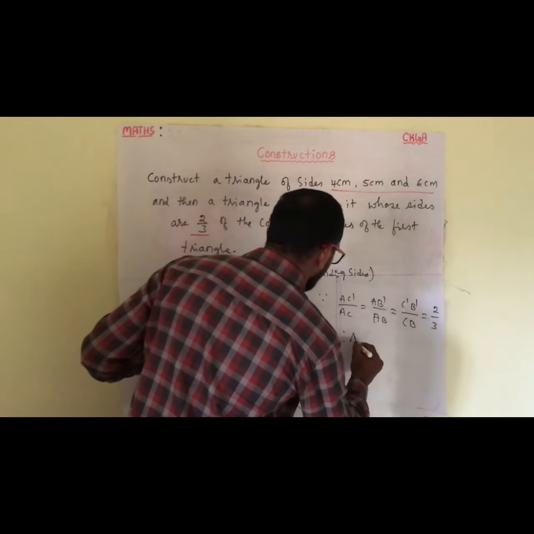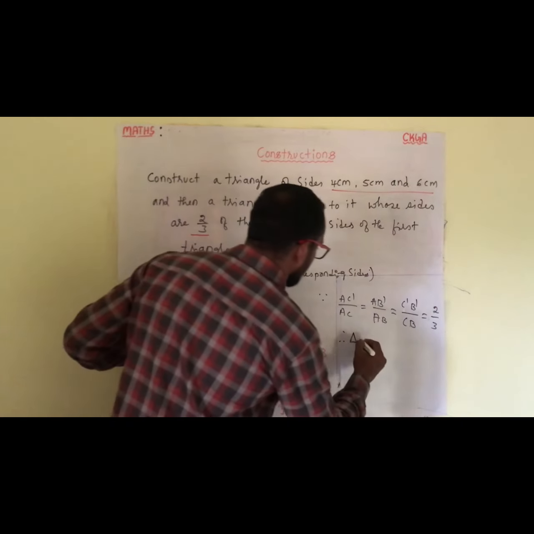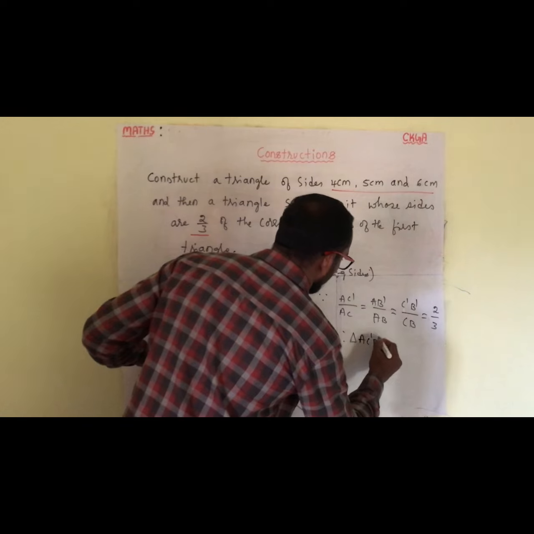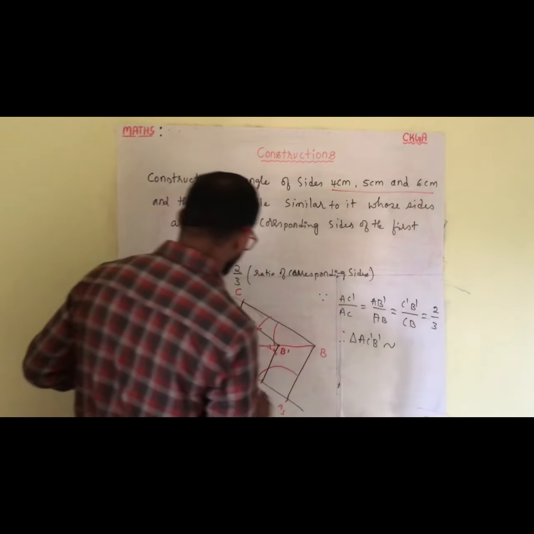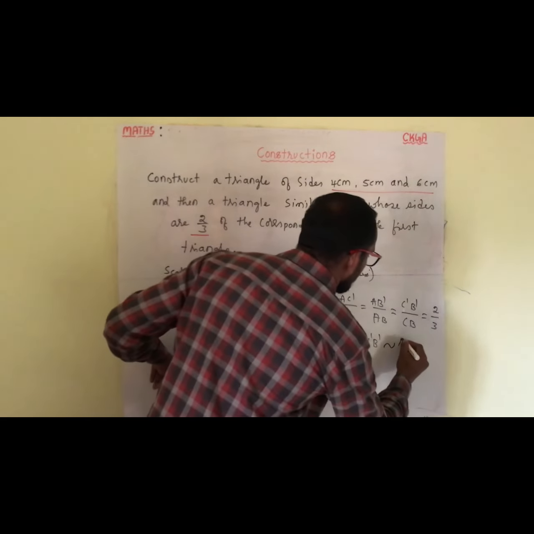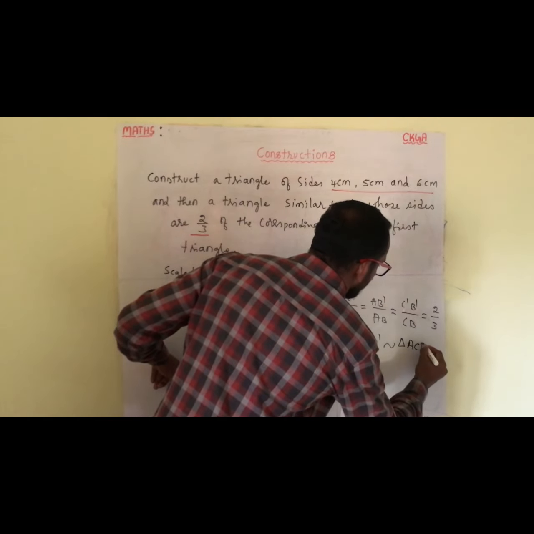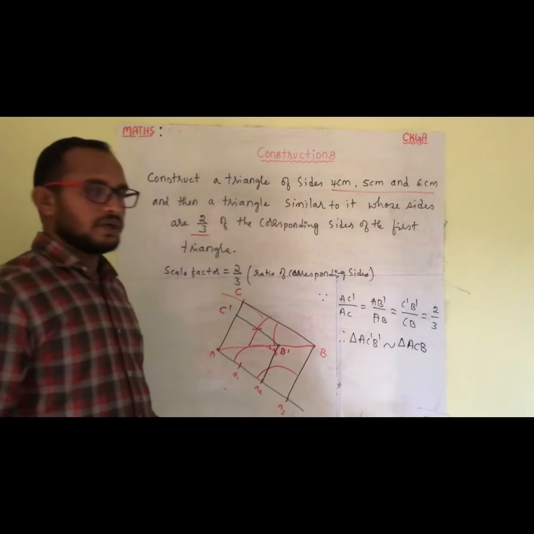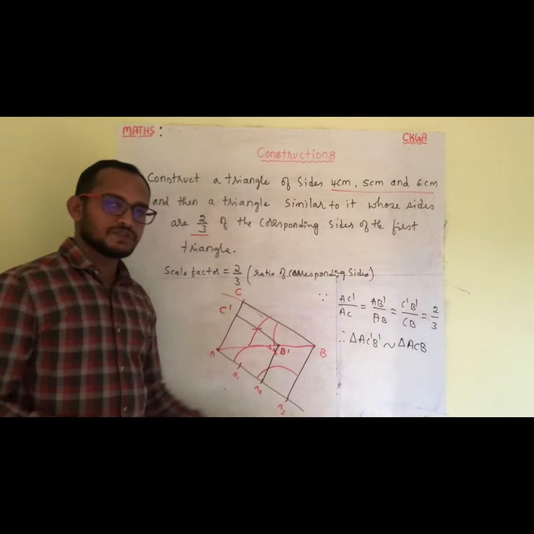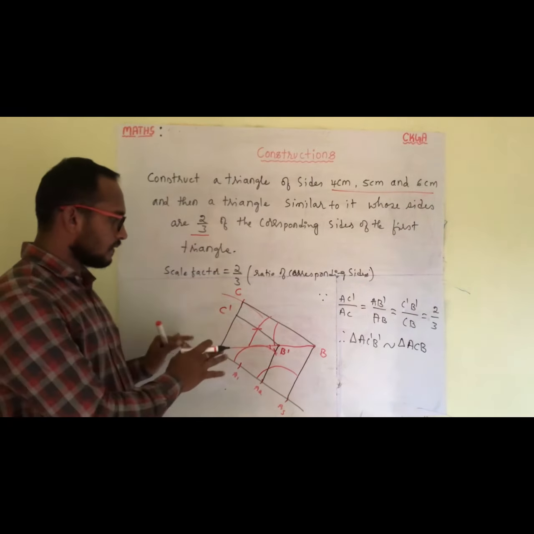Therefore triangle AC dash B dash is similar to triangle ACB.